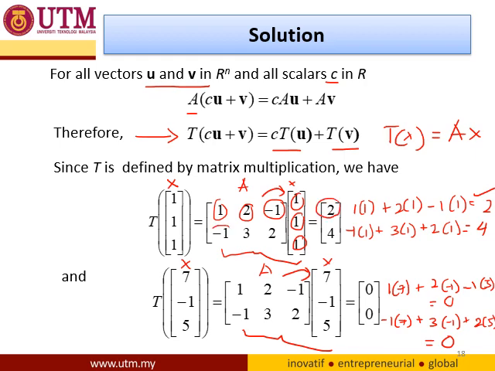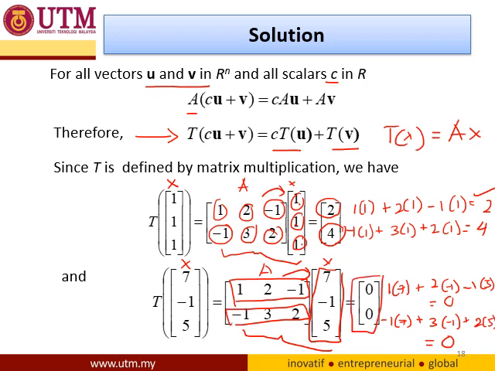Same here: -1 times 1, plus 3 times 1, plus 2 times 1. You will get your answer here. Same thing for this: 1, 2, -1, you multiply by 7, -1, 5, and you add them. Same as the second row. So we get the answer for each of the x's, this one and this one.